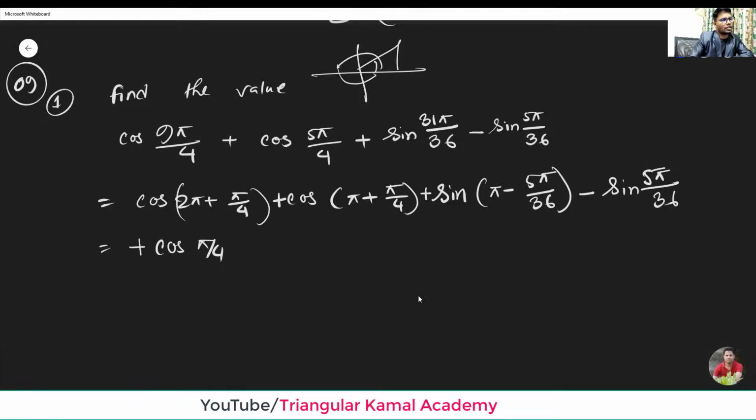So here, no change of the cos, pi by 4, and again, pi plus something. So pi plus something means third quadrant, cos is adjacent divided by hypotenuse, that means this is negative. So here, there is another plus already here, so this is minus.